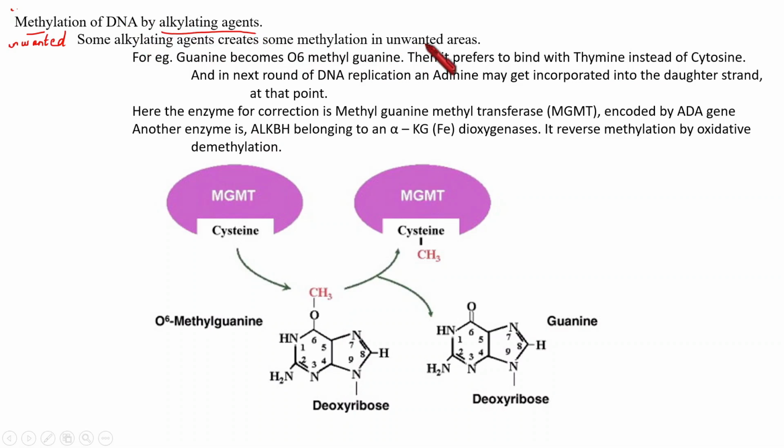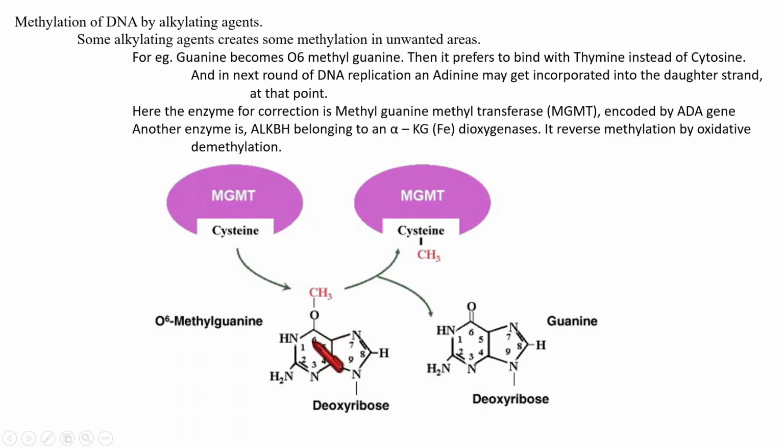Let's take an example of such unwanted methylation. Look, in this picture, we took guanine as an example. This is the picture of normal guanine. And to this guanine, because of the action of some alkylating agent, one methyl group got added to the oxygen in its sixth position.